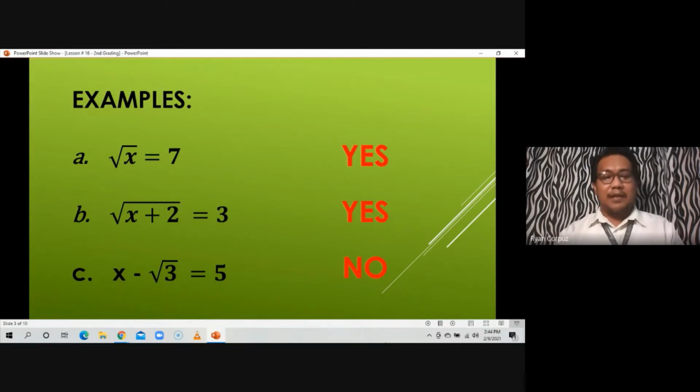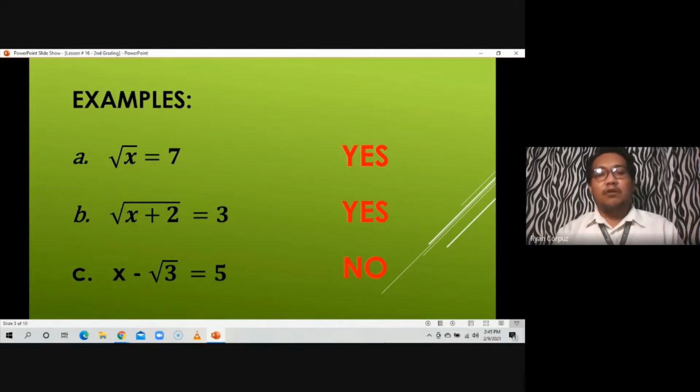That is what we said earlier: not all equations involving a radical sign are radical equations. It depends on the definition. In the examples, only letters A and B are considered radical equations, but letter C is not. That is how we identify whether a given equation involving radicals is a radical equation or not.